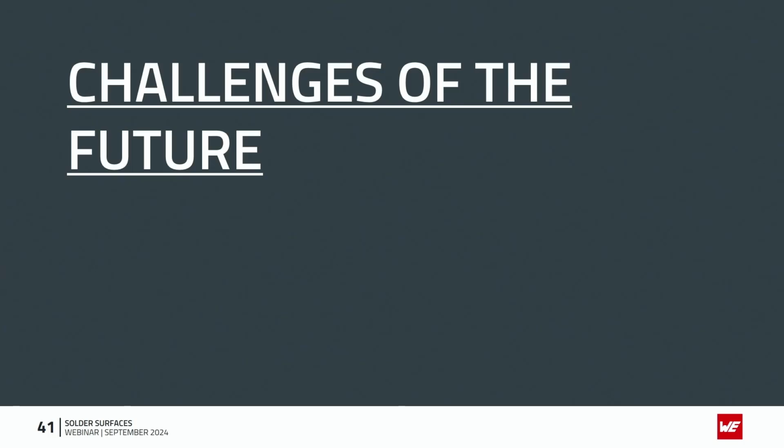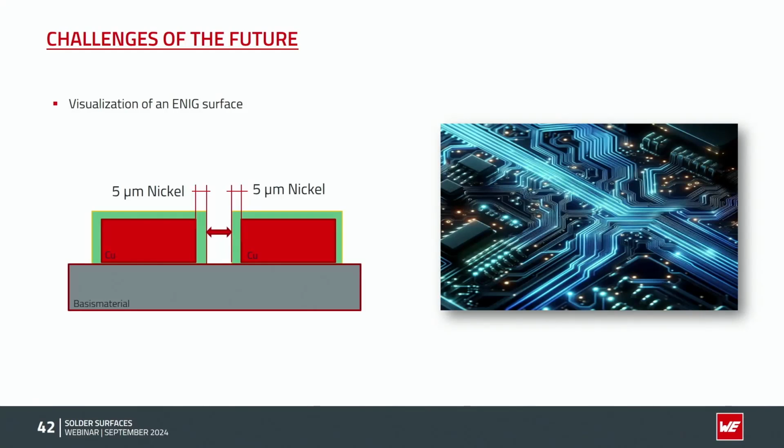Of course, there are challenges of the future. We already talked about sustainability, about costs, about design requirements, very high density design. And here you can see on the picture the principle of electroless nickel gold, where we have about a 5 micron thick nickel layer.